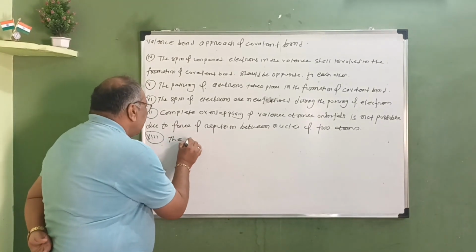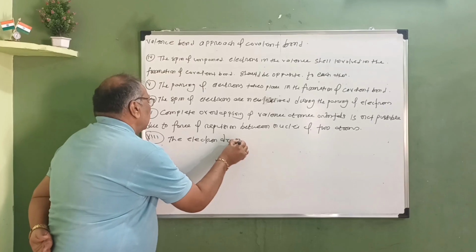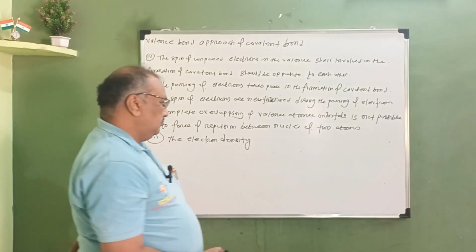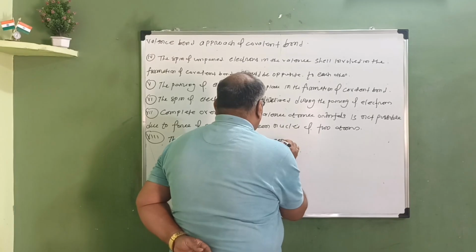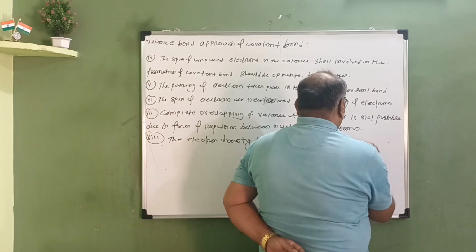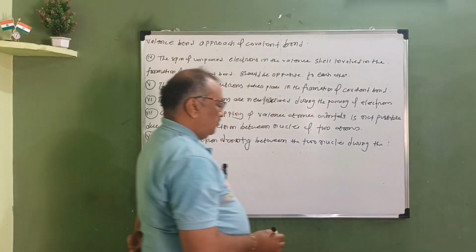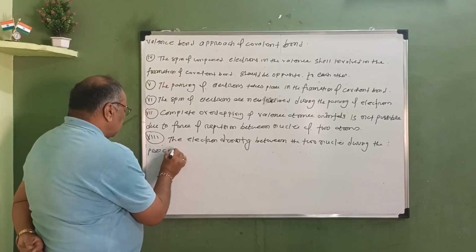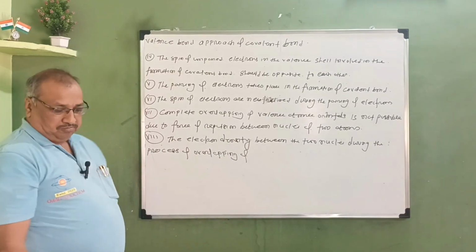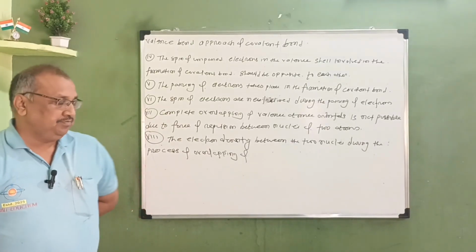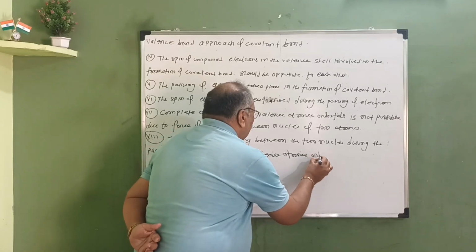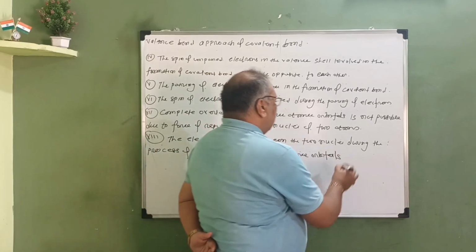Then next, the electron density between the two nuclei during the process of overlapping of valence atomic orbital increases.